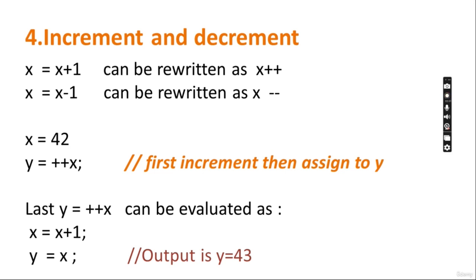For example, if we write y equal to plus plus x, then the increment will take place first and then the assignment to y will happen. It can be evaluated as x equal to x plus 1. So first x will be incremented and then y will be assigned the new value, that is, 43 will be assigned to y.